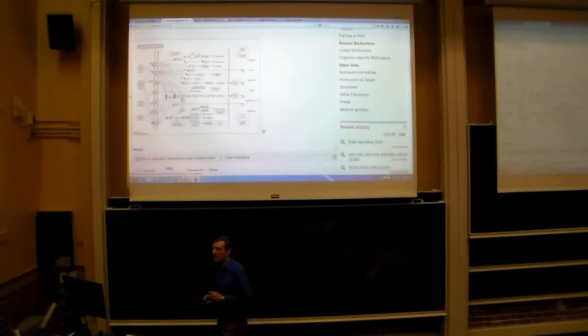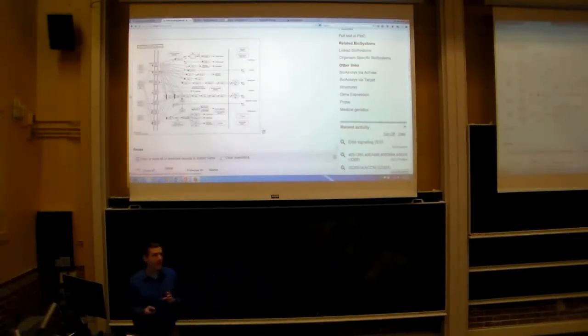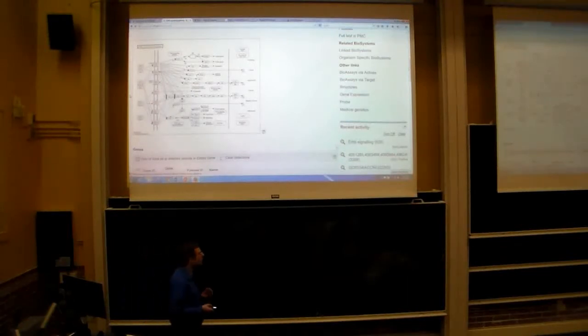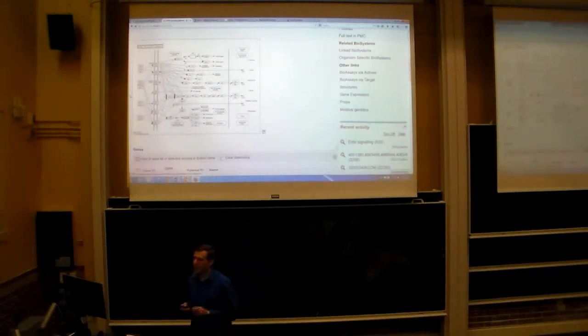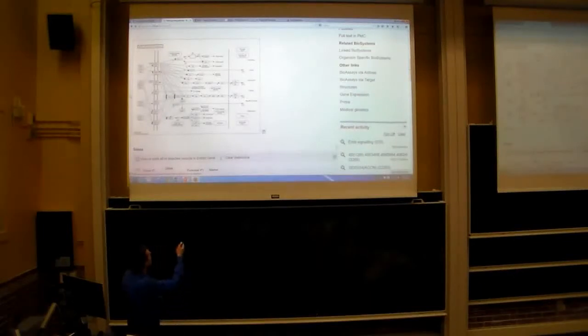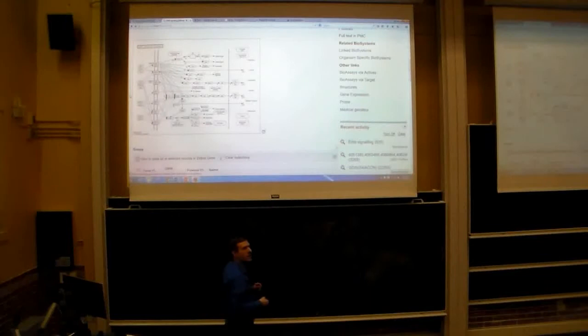But it's also interesting because this is a diagram that was put together in a different data resource that I often find better than this BioSystems one if you really want to dig into detail about a specific network or pathway. So in particular, this diagram is something put together by a resource called the KEGG Pathway Database.